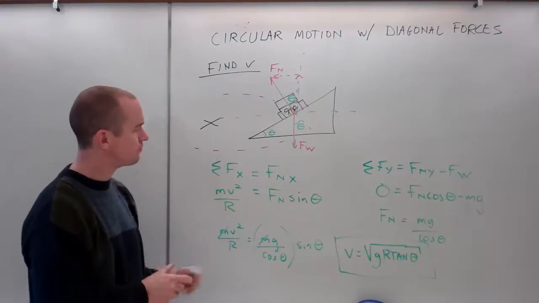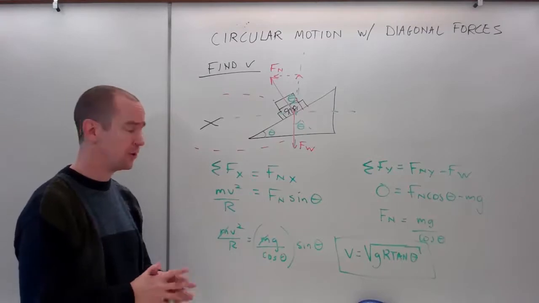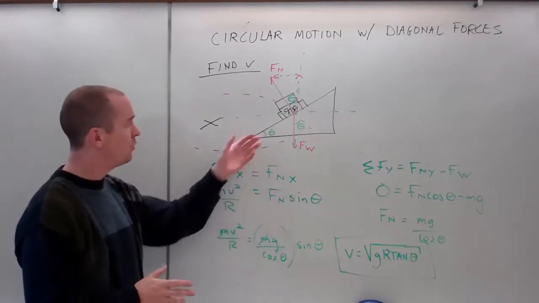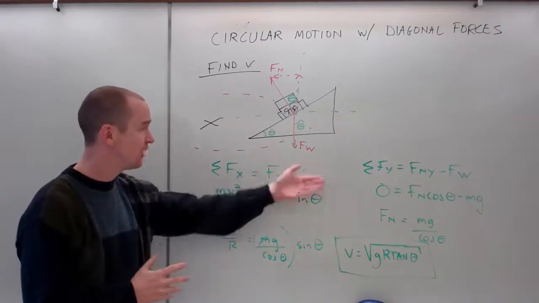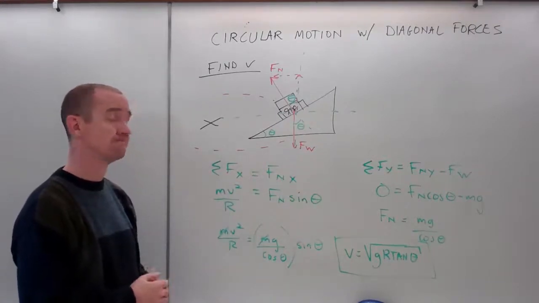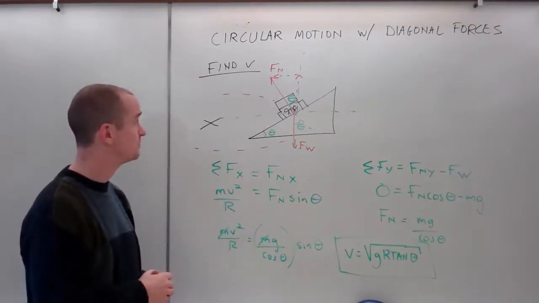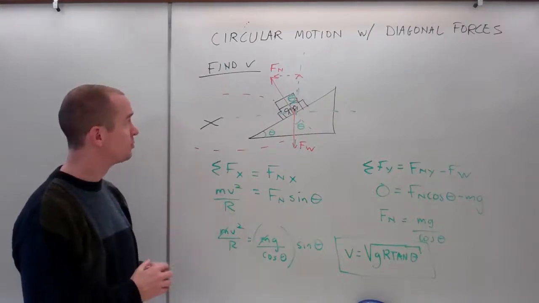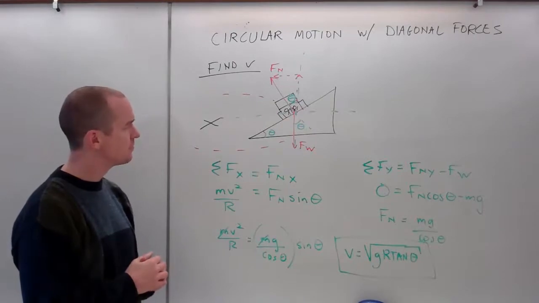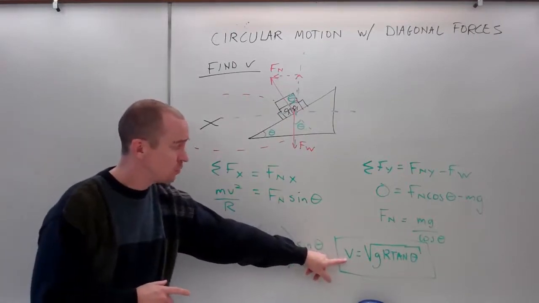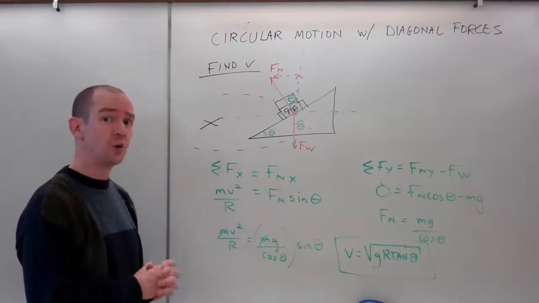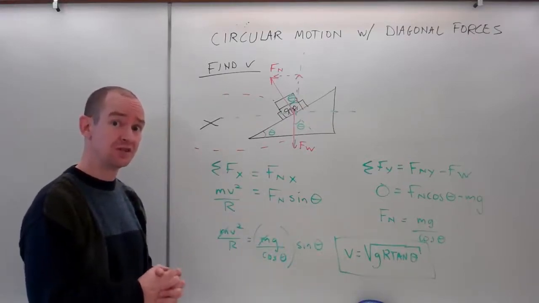Now, one more thing to consider before we go. What would have happened if there was friction? How would this have changed the problem? That's a good question. Well, I have to redraw my free-body diagram. But what direction would friction point? Well, this suggests, without friction, that there's only one speed at which I can successfully navigate this curve.